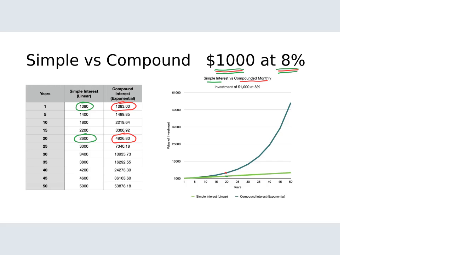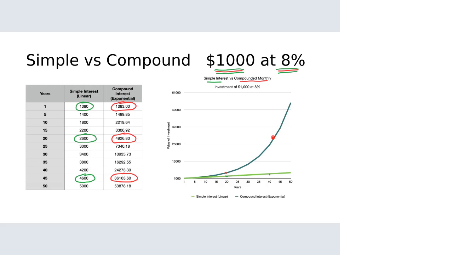So let's go out to the 40-year mark. Now that $1,000 I put in my simple interest investment is worth $4,600. That same $1,000 that I put in that compound interest account is now worth $36,000.